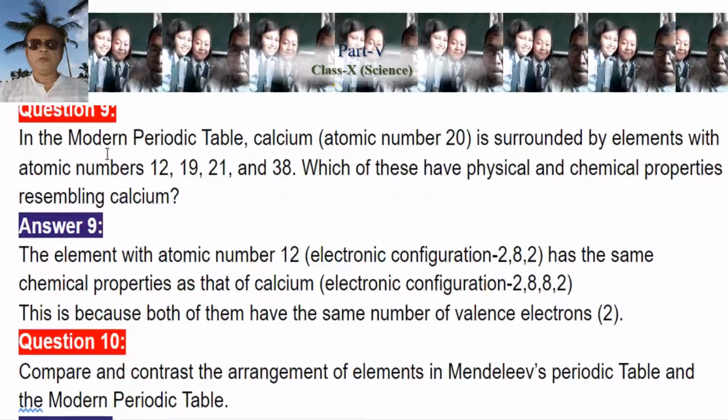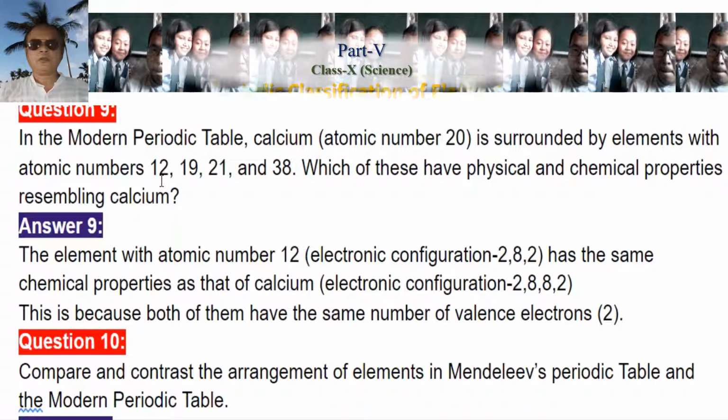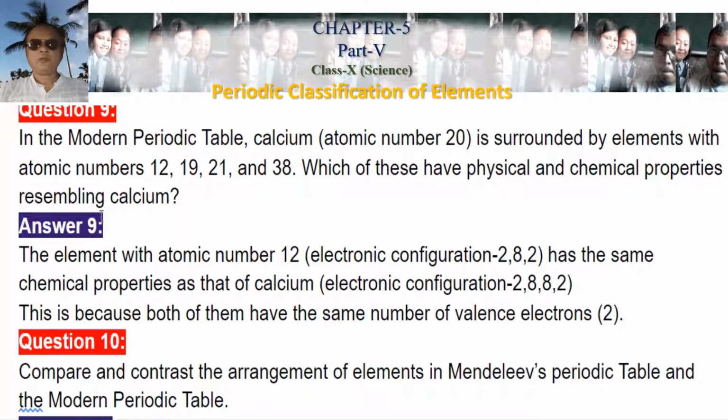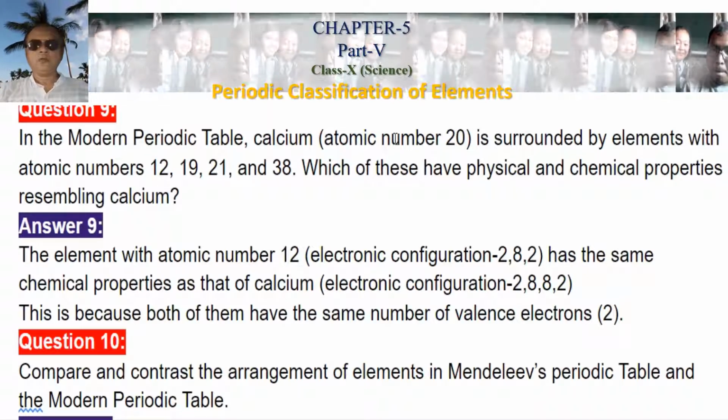Question 9. In the modern periodic table, calcium, atomic number 20, is surrounded by elements with atomic numbers 12, 19, 21 and 38. Which of these have physical and chemical properties resembling calcium?